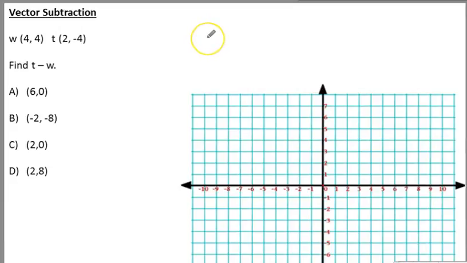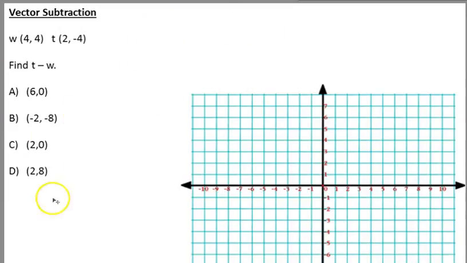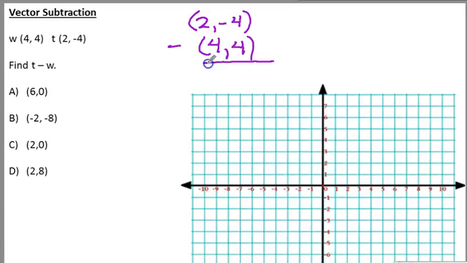If I have T minus W, I'm going to start with T and subtract W. I subtract the 2 minus 4, the x component. That gets me -2. I subtract the y components, -4 minus 4. That's -8. And so the answer to this one is B.